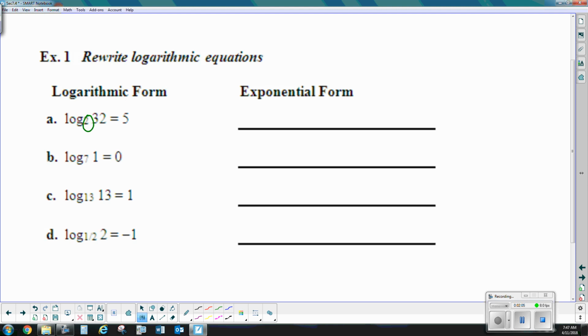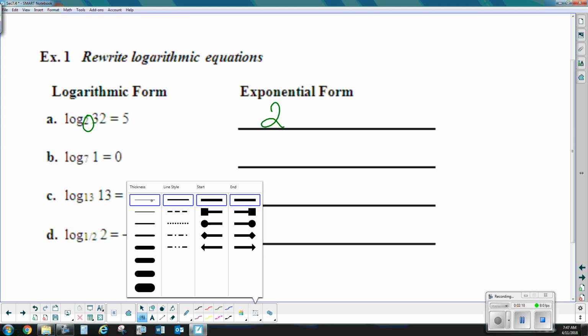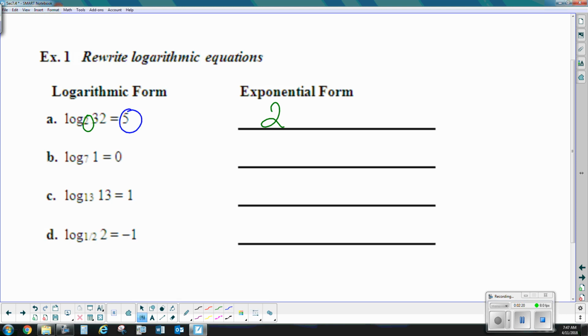So if you're converting this to exponent form, this is also your base of your exponential expression. So you're looking for 2 to some power, and that power is this 5, is equal to 32.